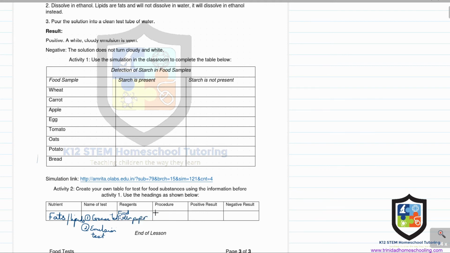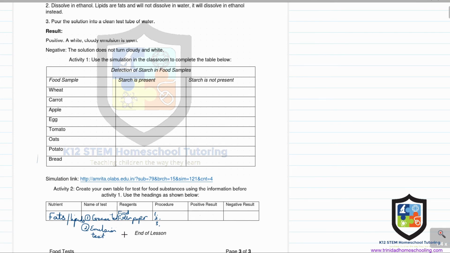In your procedure, you're going to list what you need to do, your steps. If there's a positive result, for example the grease test, you would see a translucent spot, so you write translucent spot seen. Negative result: no translucent spot seen.